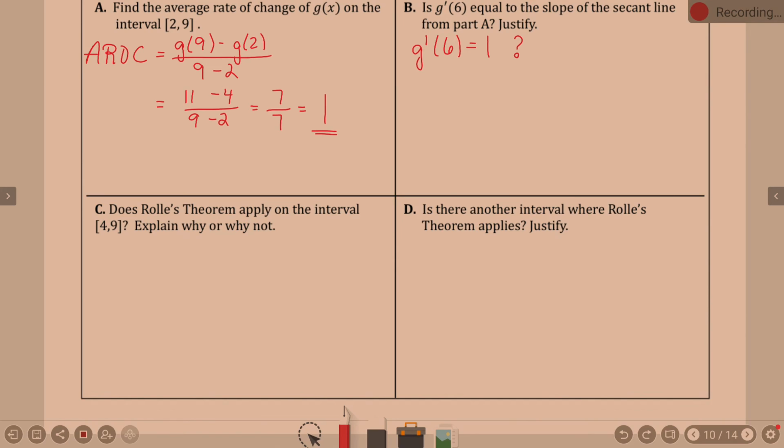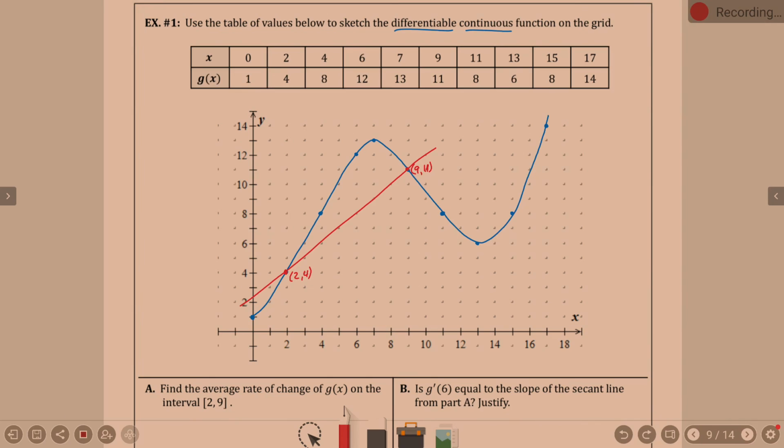How am I going to find g prime of 6? Slope of the tangent line? That's kind of what I want to know too.